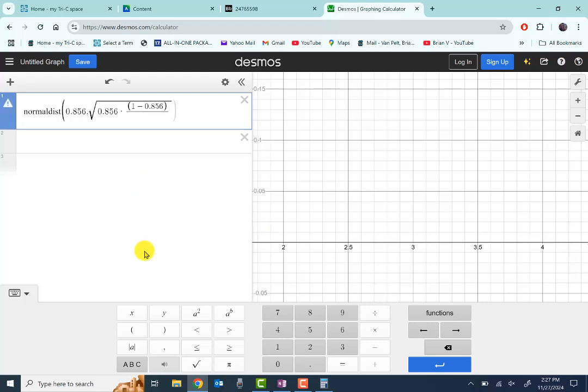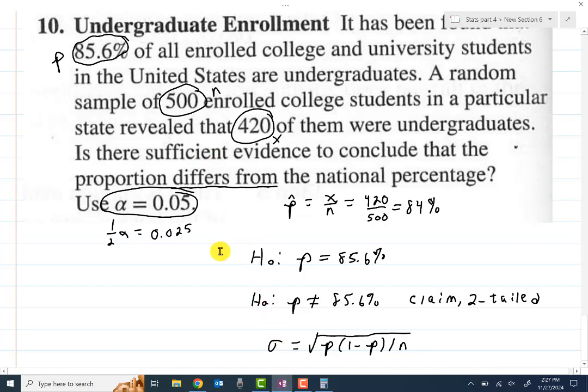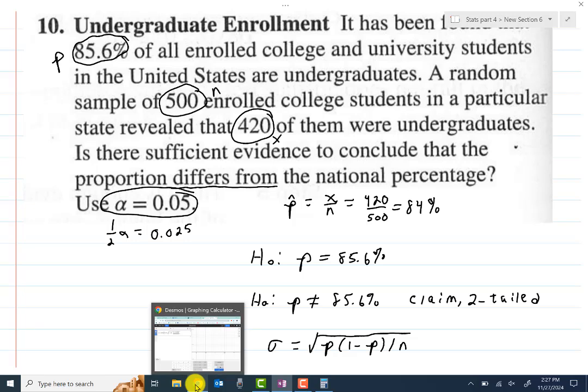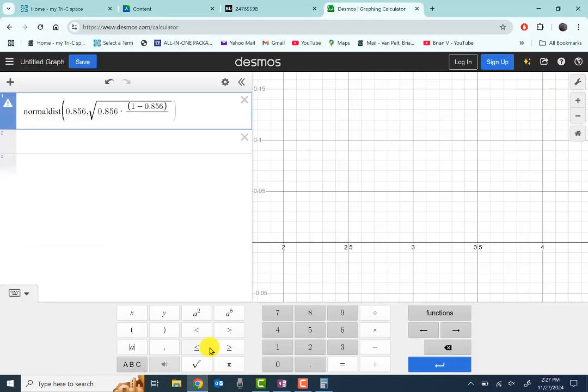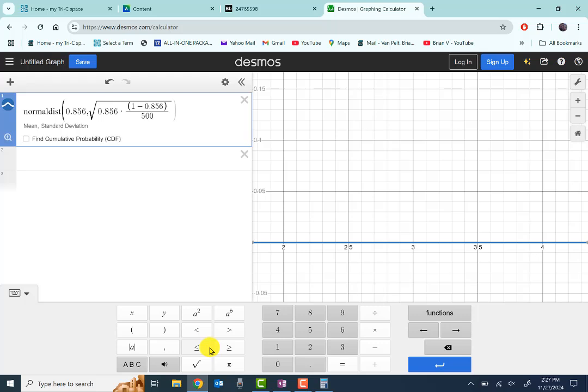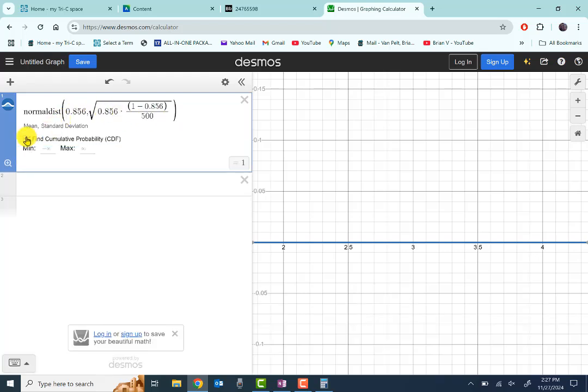Divide by n. How big is n in this problem? 500. So there's our mean, there's our standard deviation, find cumulative.